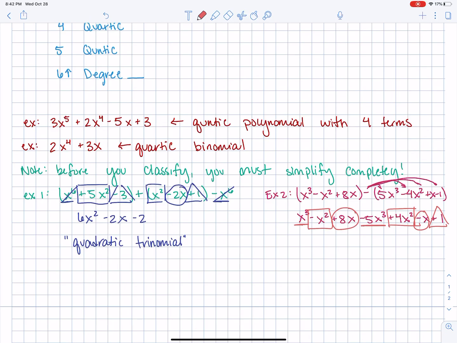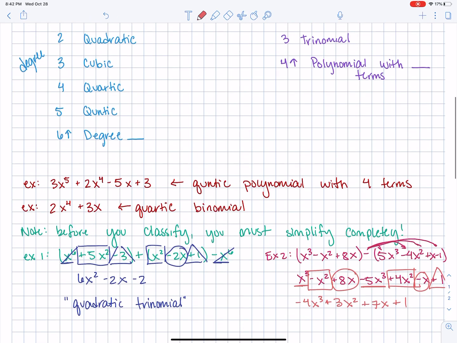So this one is negative 4x cubed plus 3x squared plus 7x plus 1. Then I'm going to check to see if I can combine any more terms. I cannot. So this has a highest degree of 3.